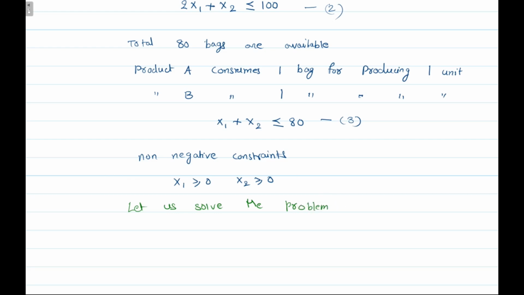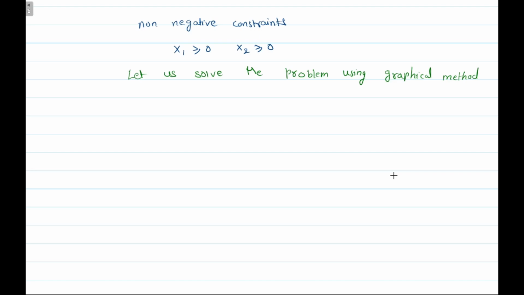In the graphical method, first we have to plot the constraints. There are different methods available, but this one is easy to represent. Okay, how to plot the constraints?